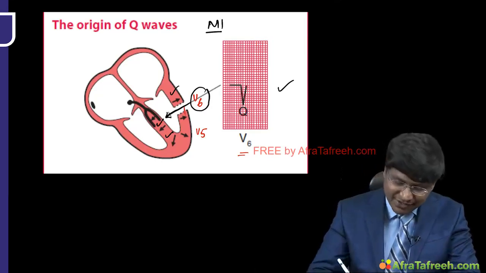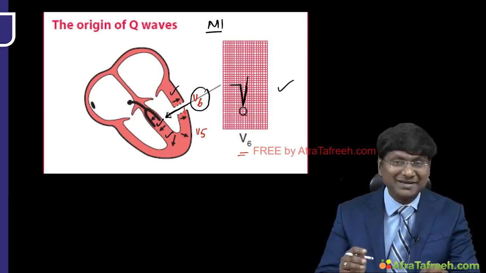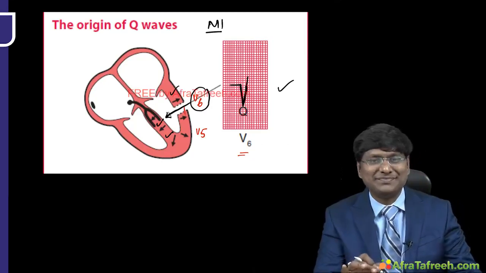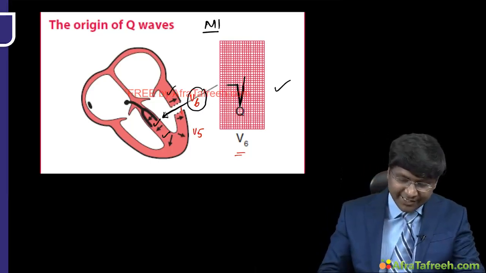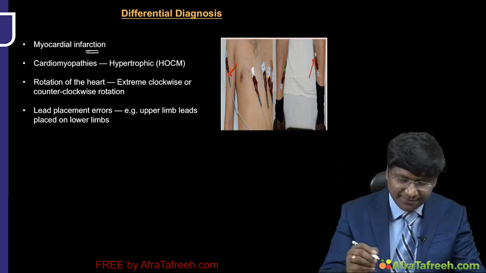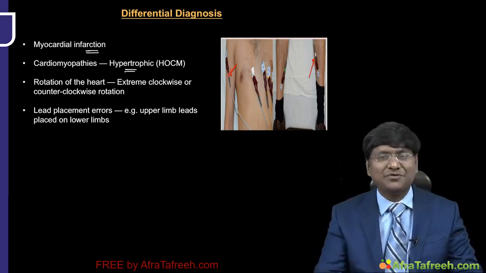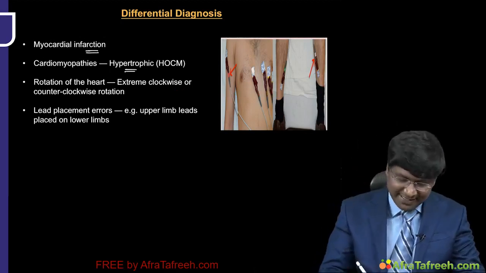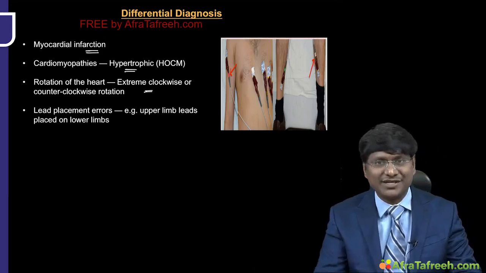So thereby you will have a deep Q wave, which is nothing but a pathological Q wave. So the differential diagnosis for the appearance of the pathological Q wave is number 1, myocardial infarction. Number 2, hypertrophic obstructive cardiomyopathy. Number 3, extreme clockwise or counterclockwise rotation.